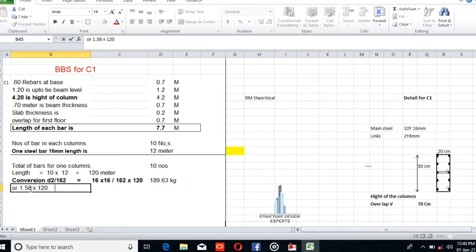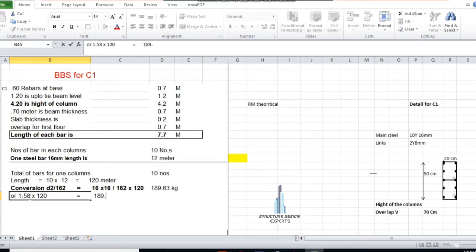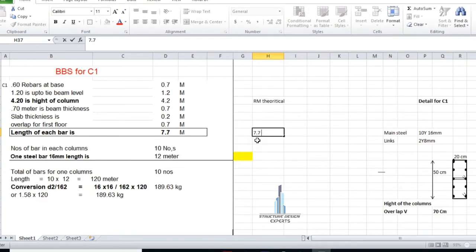So 1.58 into 120 running meter, which we already calculated as the length used in our column, is 189.63 kg. The remaining pieces of 4.3 meter are just wastage.